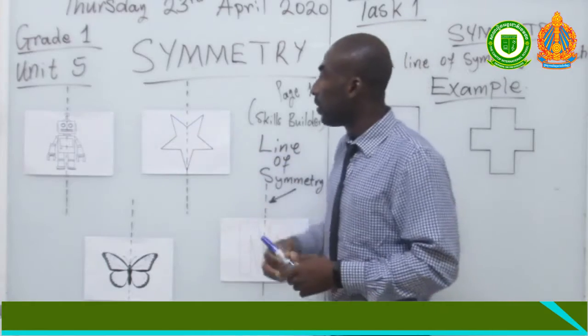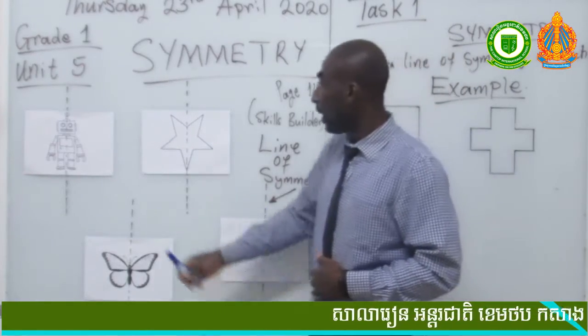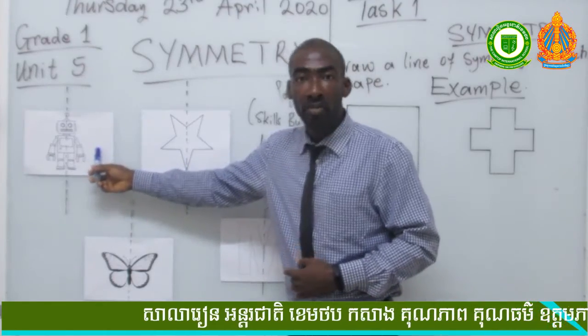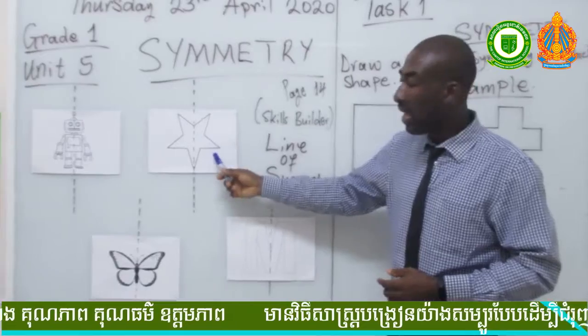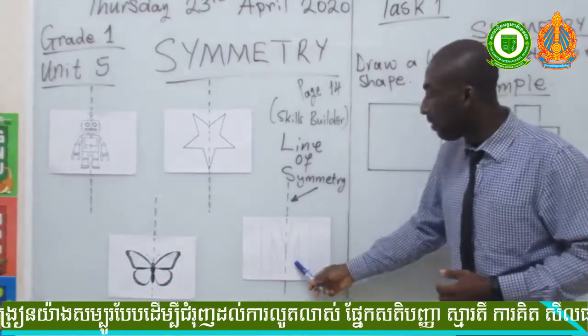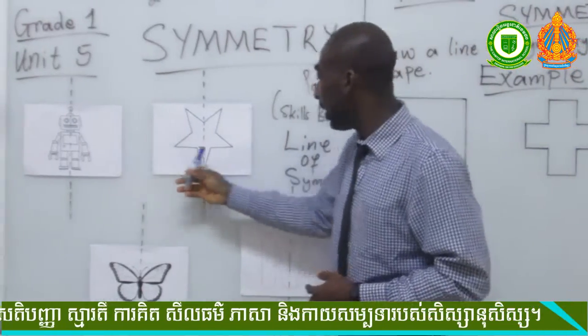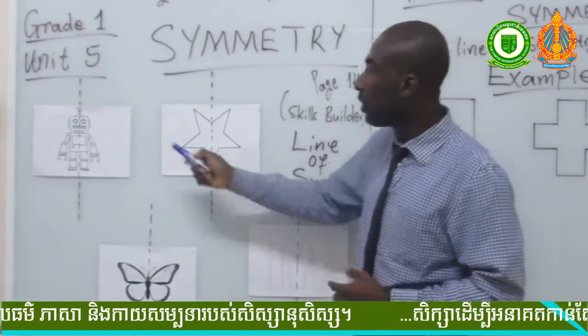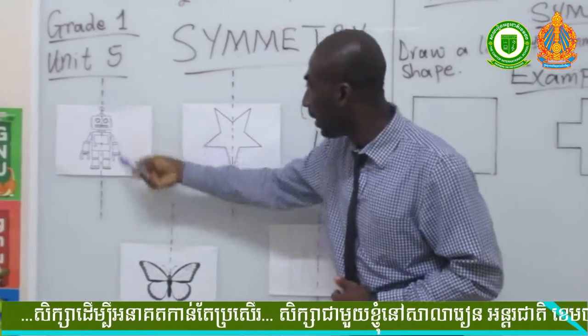So let's look on this board and look at the images that we have here. We have a drawing of a robot, a drawing of a star, a drawing of a butterfly, and then we have M over here. If you look at these images on our board, you could see a dotted line going through all the images.